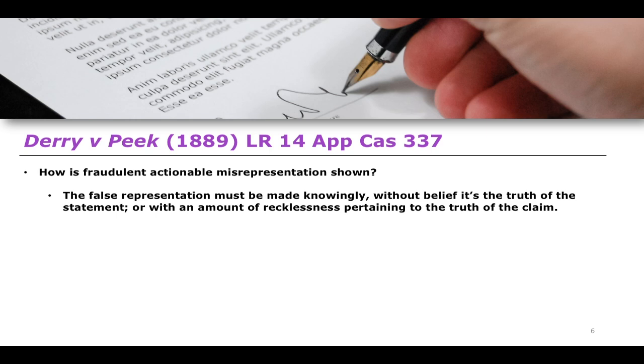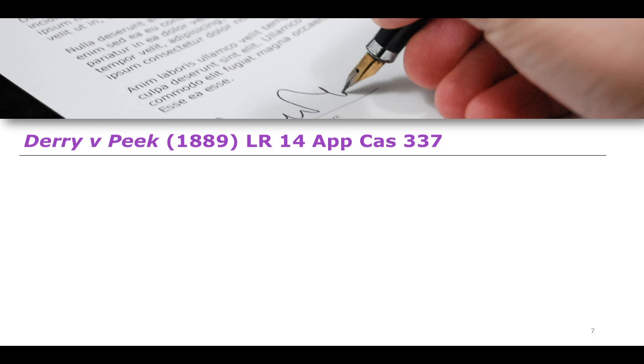So you make a false representation, knowing that it is false, without belief that it's true in relation to the statement, or alternatively, with a certain amount of recklessness pertaining to the truth of the claim. So you might not know definitively and categorically if the claim happens to be false, but you are so reckless in your lack of understanding as to the truth of the claim that it can still amount to a fraudulent misrepresentation.